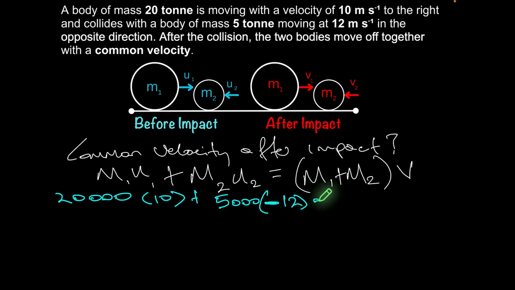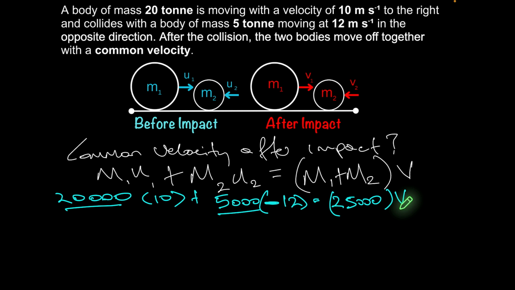So that's what I mean when I say that momentum is a vector quantity. Now let's sum the masses. So we'll just add up our 20,000 with the 5,000 there. That gives us 25,000. And this will be multiplied by our final velocity of both bodies after collision.